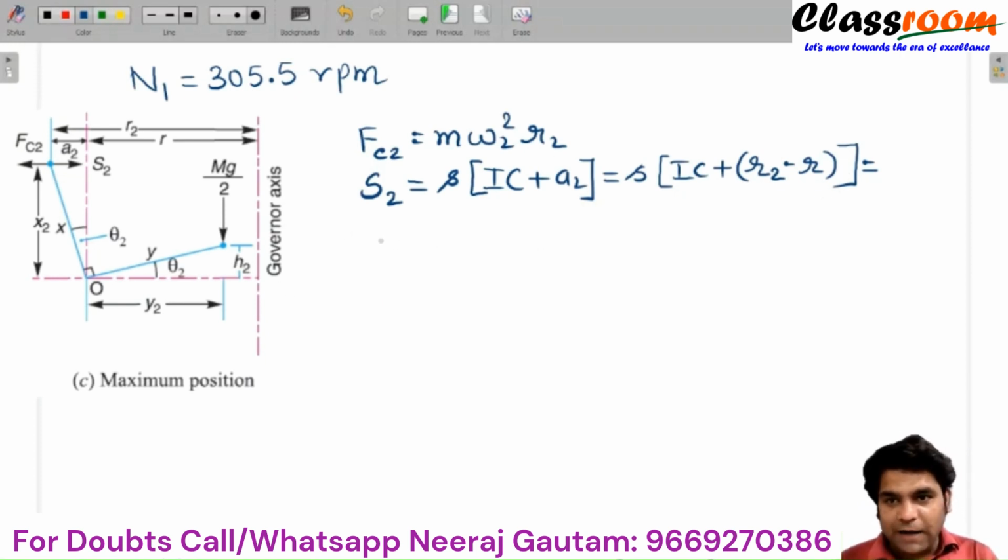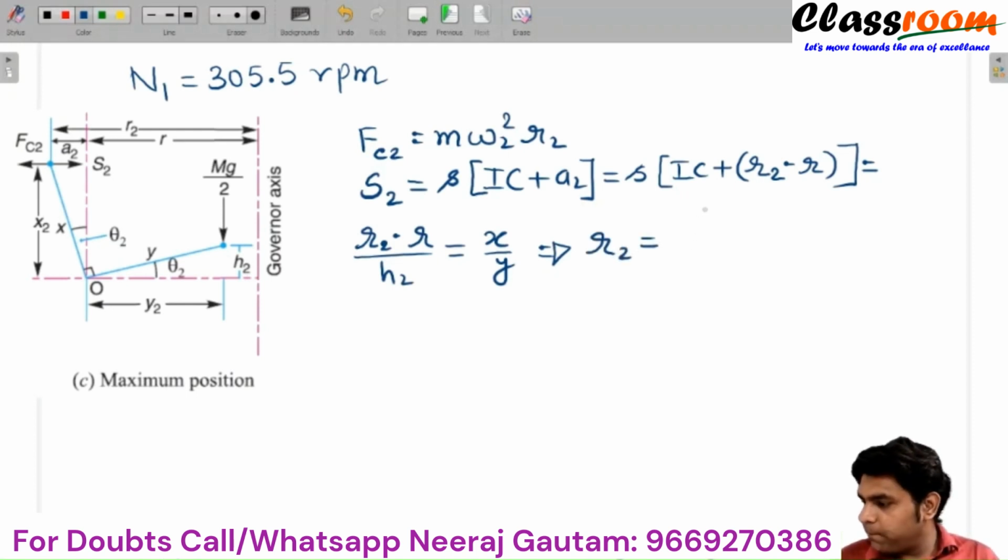For the value of R2, you can write the relation R2 minus R divided by this displacement, which is H2, equal to H by 2, equals X by Y. Using this relation, you can find R2 equals 0.148 meters.